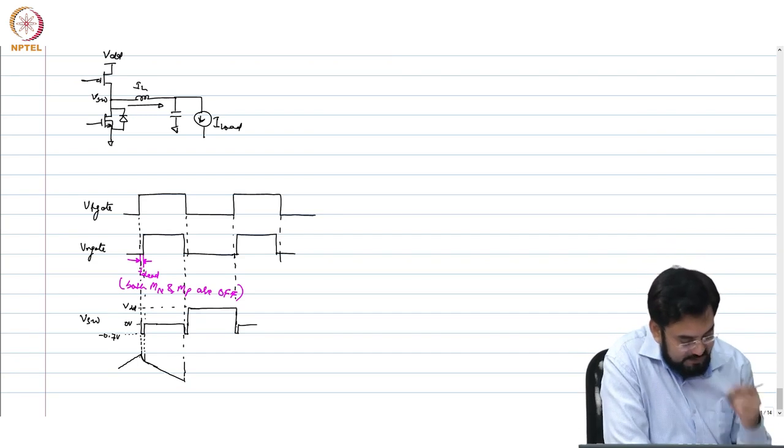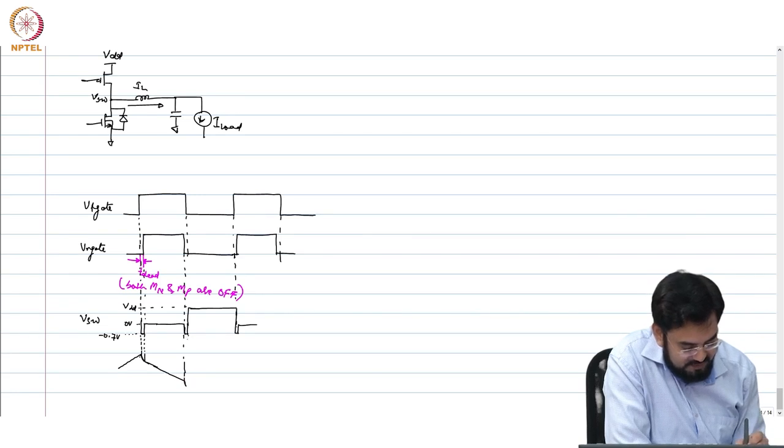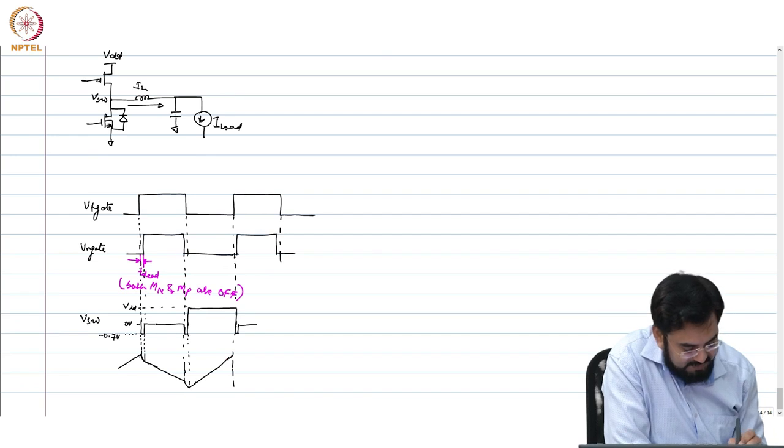And then what would happen here? So NMOS was on. So it will first fall and then, okay, again the same thing will happen.